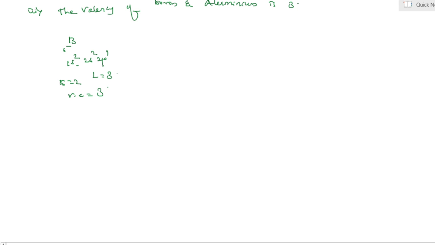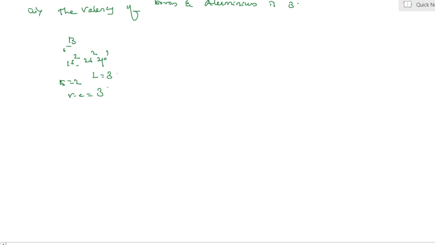Yes, my dear students, the same way the valency of carbon and silicon is 4 because each has 4 valence electrons. Nitrogen and phosphorus each has 5 valence electrons, so their valency is 3 because they can gain 3 electrons.